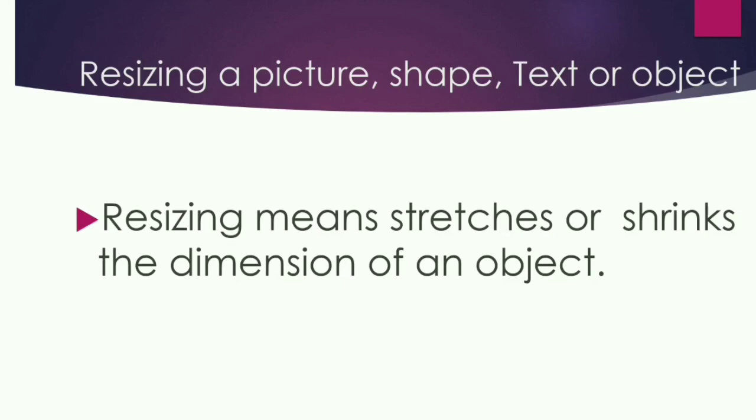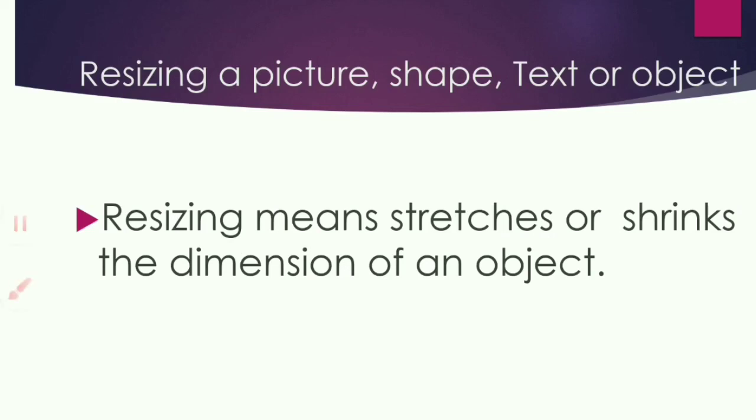Next, resizing a picture, shape, text or object. Once you insert any shape, any picture, any text or any object and you want to resize it, then PowerPoint gives us the functionality to resize your picture, shape, text or object.